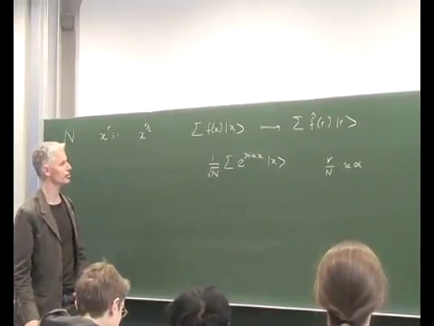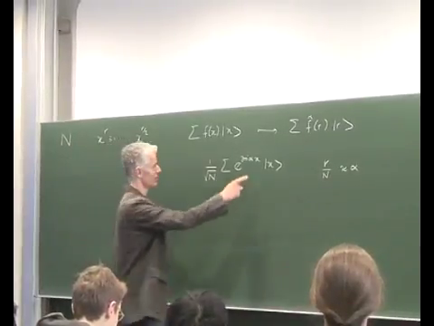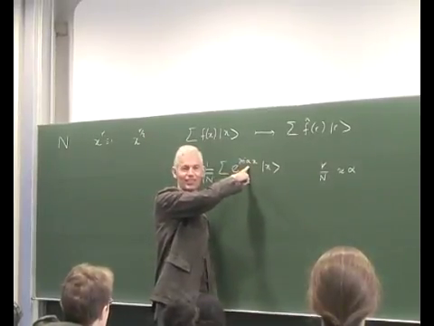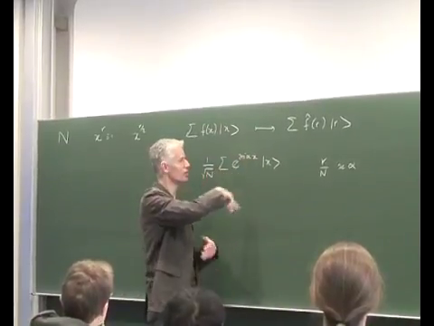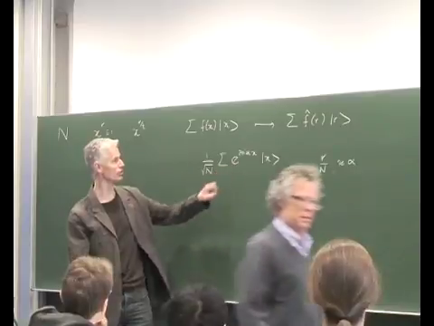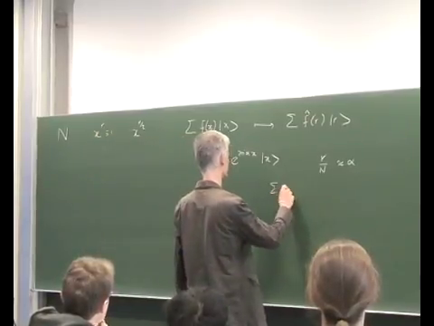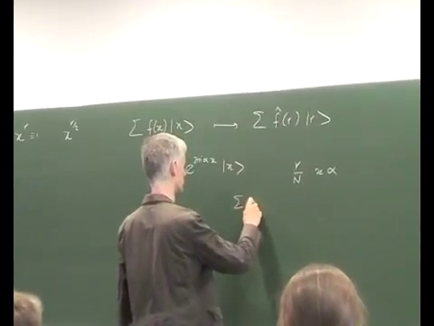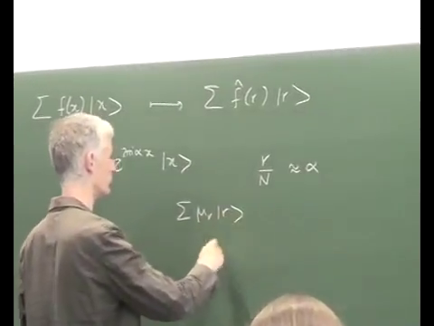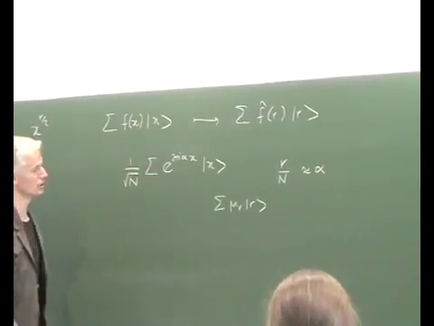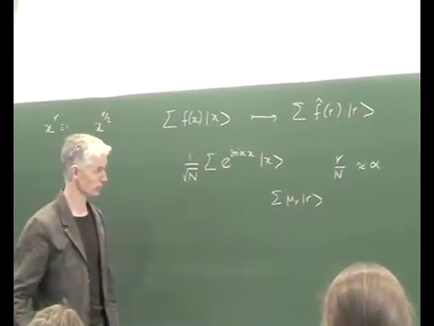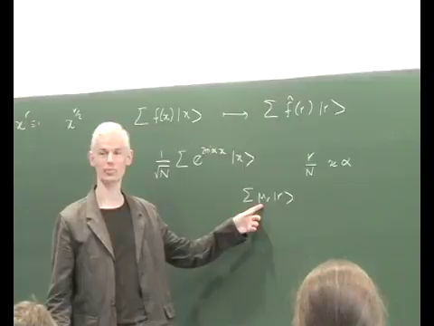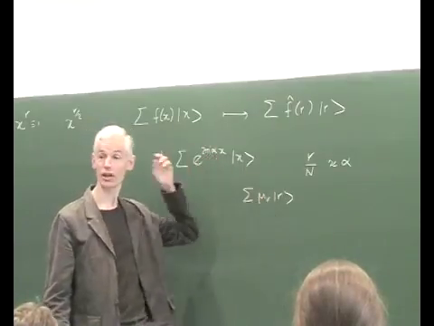So what that tells us is that if we ever were lucky enough to have a function that looked like this, and to be in a position where we were very keen to have an approximation to alpha, then all we would do is take the Fourier transform, and that would put this thing into a state that would look like the sum of mu r, where mu is the Fourier transform of this function, and mu r would be very, very small, except if r over n was very close to alpha.